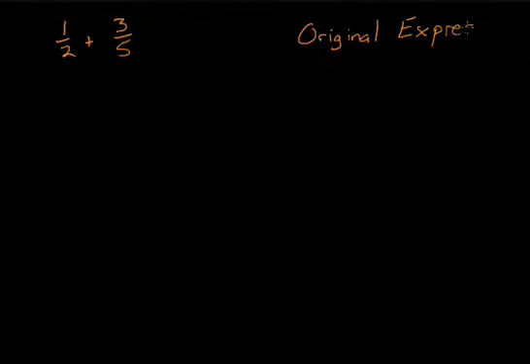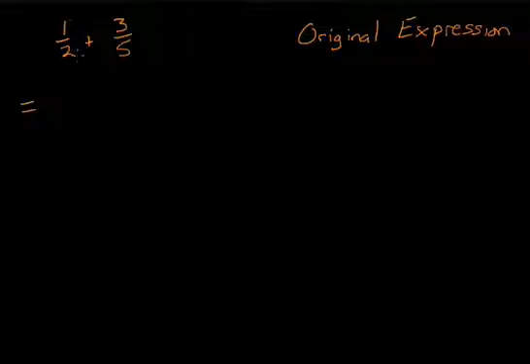Let's say we took the fraction 1/2 and we added that to the fraction 3/5. And let's call this our original expression. And all I'm going to do is apply properties to this expression to change its form or to simplify it.